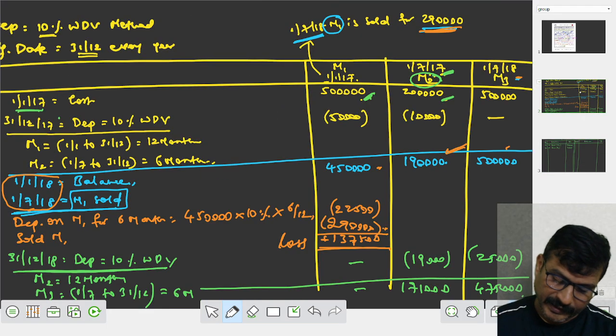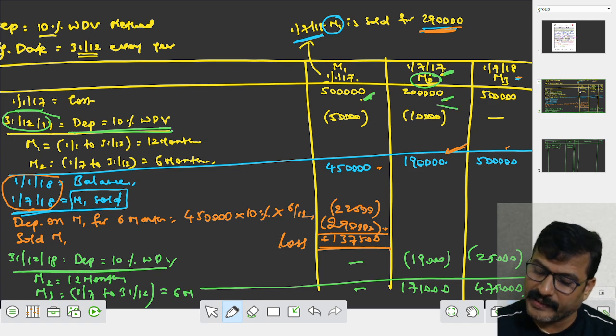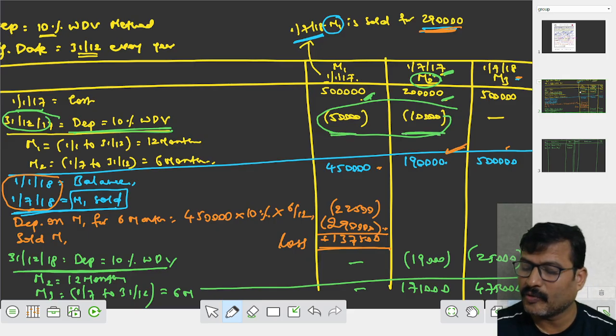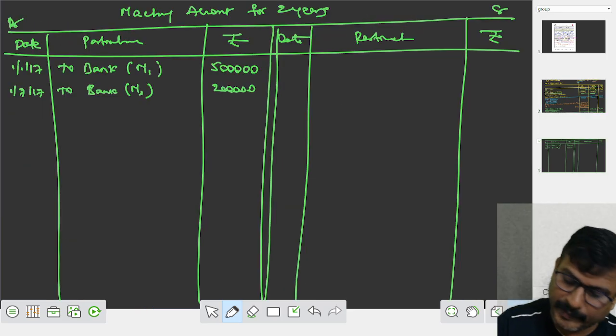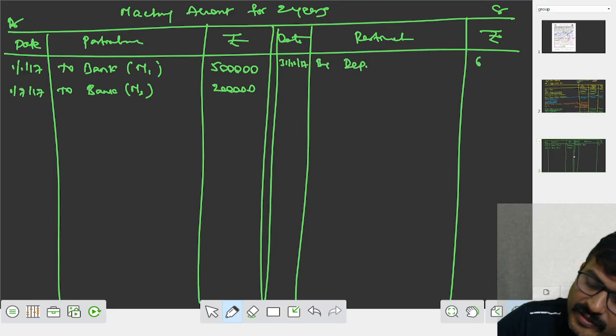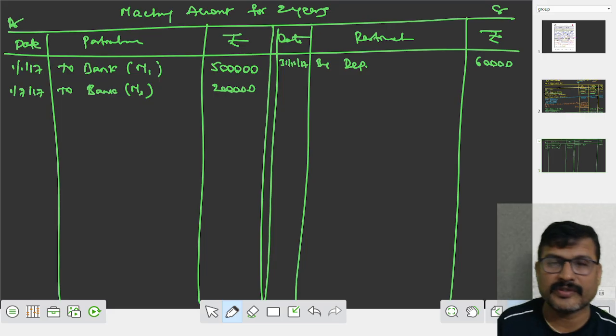At the end of the year, on December 17, you have calculated depreciation. Depreciation on M1 50,000, on M2 10,000. What is the total depreciation? That is on 31st December 17, there is a depreciation of rupees 60,000.